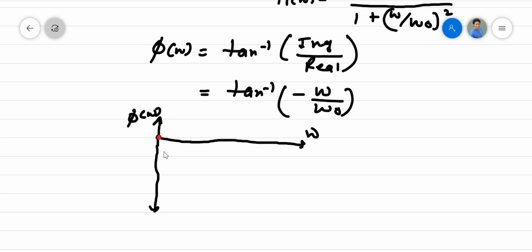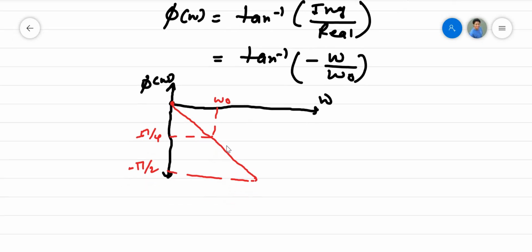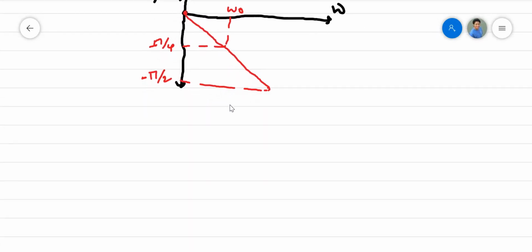As omega increases, the phase magnitude keeps increasing and goes up to a maximum value of pi by 2 when omega tends to infinity. And when omega is equal to omega naught, the phase will be equal to minus pi by 4. So we have obtained the analog filter characteristics.